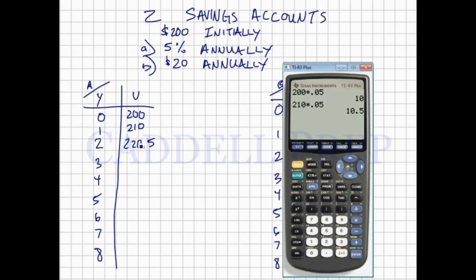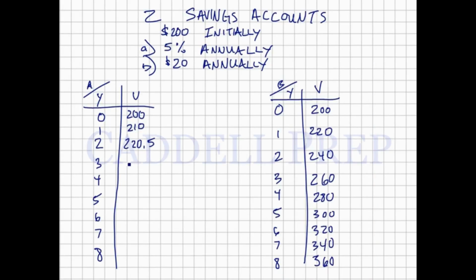Okay, now this is going to grow by 5%. So now it grows by $11 and about 3 cents. So let's add that to the 220.5 that we had. So now we have $231.53. Okay, now this grows by 5%.